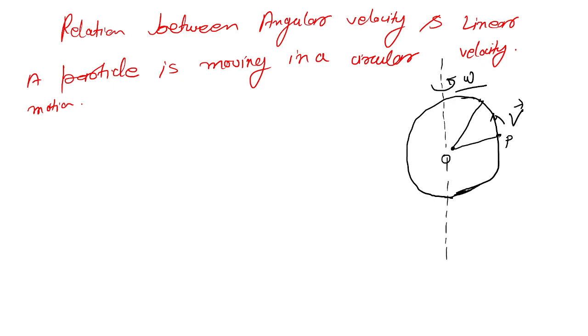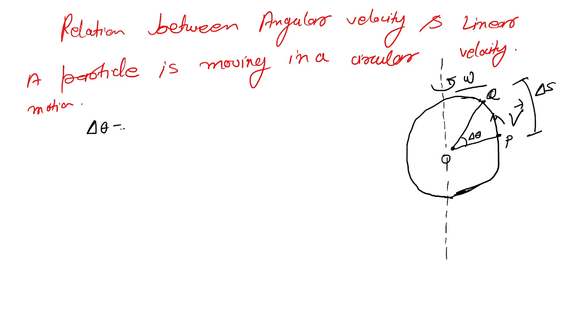So our particle is moving from P to Q, and it travels a distance, let this be delta S. The angle here, that is the angular displacement, is delta theta. So what is delta theta?